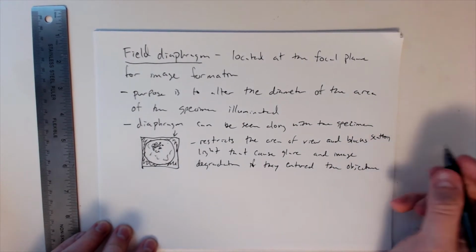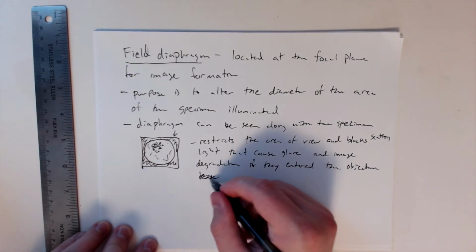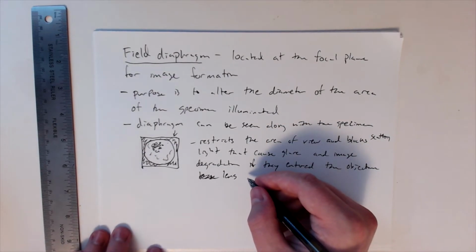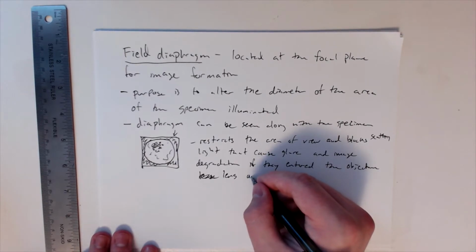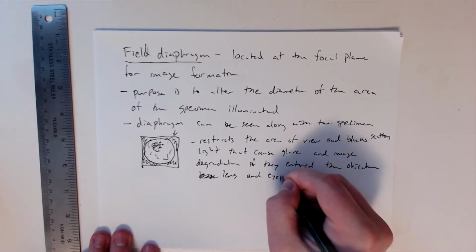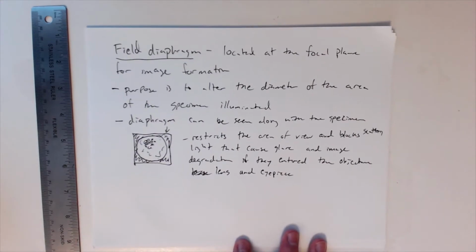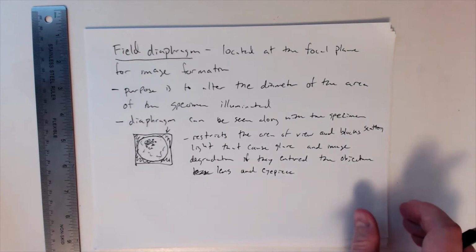So basically we want to eliminate this glare, this scattering light, because if it enters the objective lens and eyepiece, it causes a degraded image. That's the reason we have this field diaphragm.